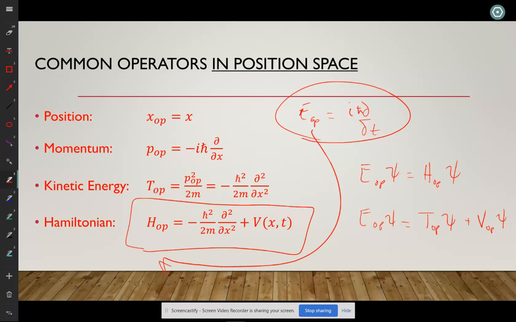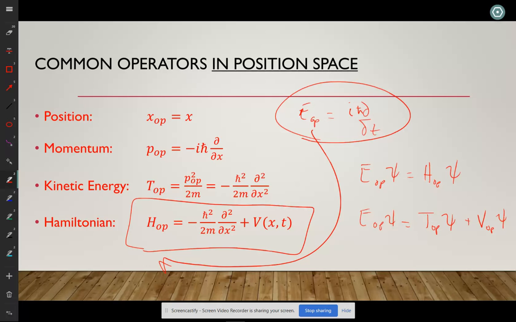Or because of our operator eigenvalue relationships, that's saying total energy times psi is equal to kinetic energy times psi plus potential energy times psi. Factor out the psi's, you have total energy minus kinetic minus potential, in parentheses, times psi equals 0. So it really is just an energy balance equation.